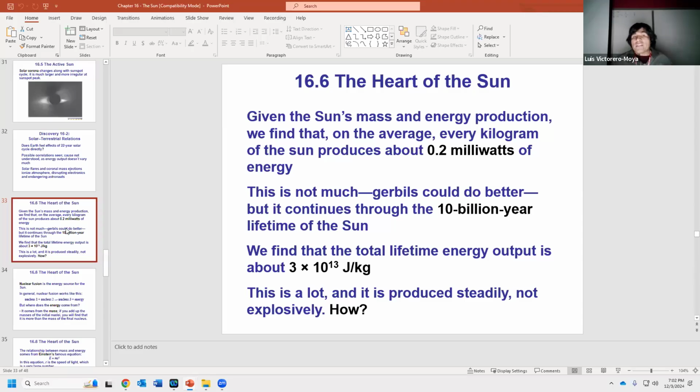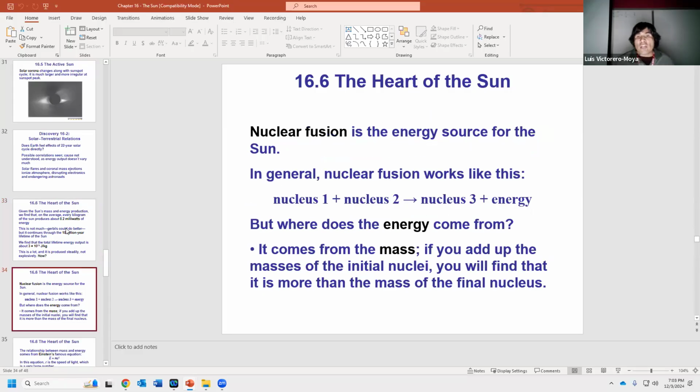Now, where does this energy come from? From the core. But how does the core work? By nuclear fusion. You have nucleus 1 plus nucleus 2 in a nuclear fusion, giving you a heavier nucleus and emitting energy. Where does the energy come from though?